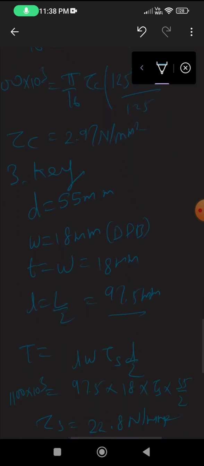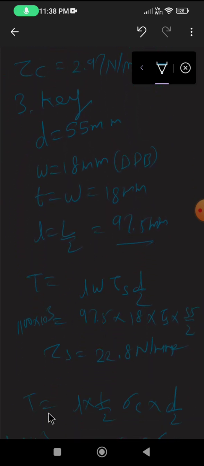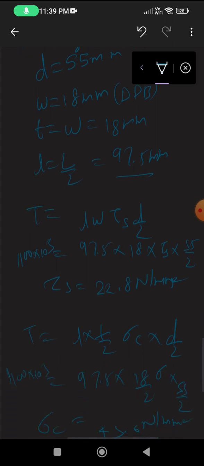Then we will see crushing stress. The formula for crushing stress is torque T equal to length into thickness by 2 into sigma c into d by 2. The length is 97.5, thickness is 18, divided by 2, sigma c into 55 by 2.